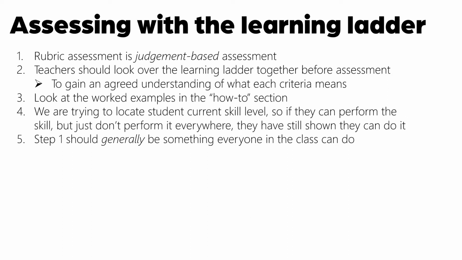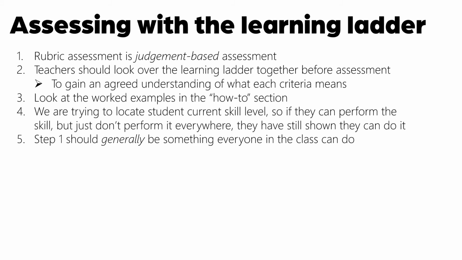With the learning ladder, the lowest step should be something that everyone in the class can do. If you have students with learning difficulties, or for any other reason you think some students in your class couldn't do the bottom criteria, then my personal advice would be to try and write a criteria below the bottom ones that we've got. For example, for the chronology one, if students can't read a timeline, what might be a criteria below that to capture those students' ability?